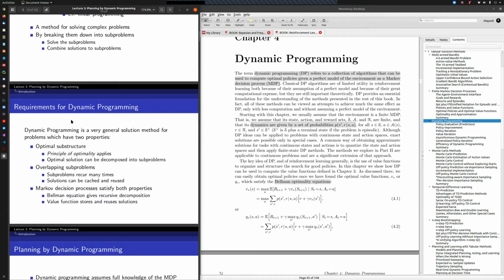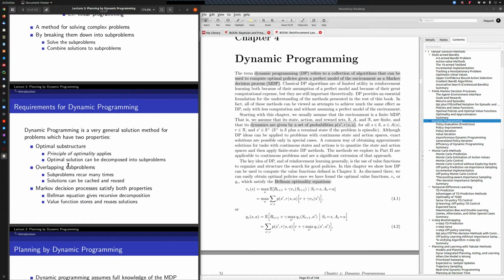These are the requirements, as you can see on the left. Dynamic programming is a very general solution method for problems which have two properties: optimal substructure and overlapping subproblems. Here, we have the principle of optimality that is applied, and the optimal solutions can be decomposed into subproblems.